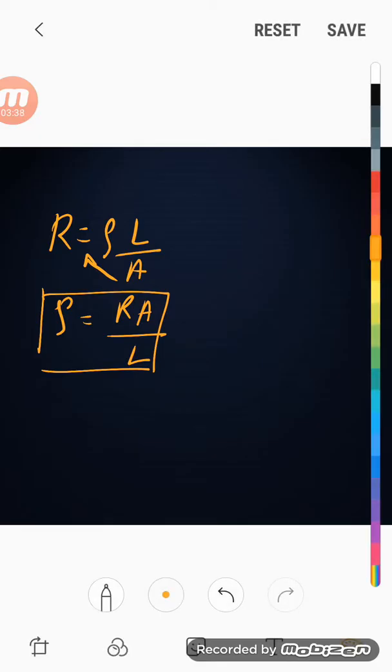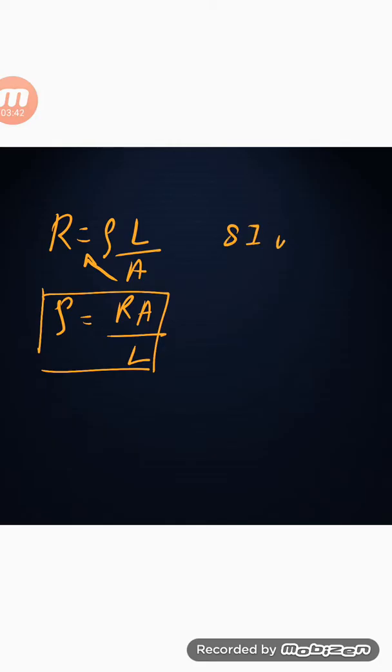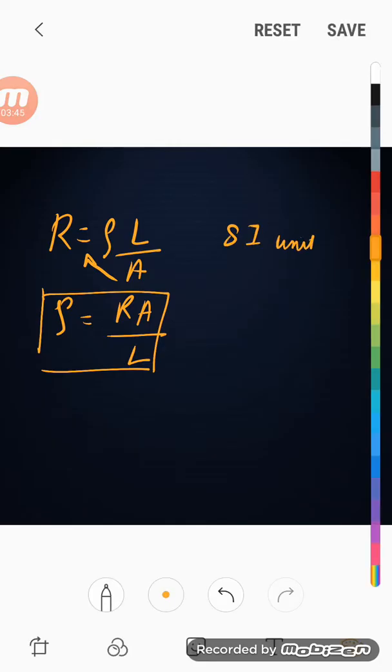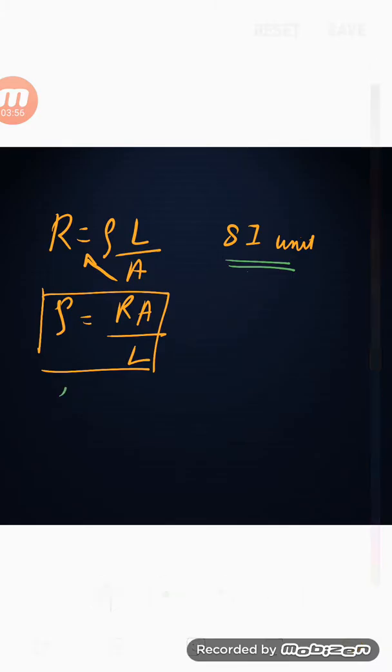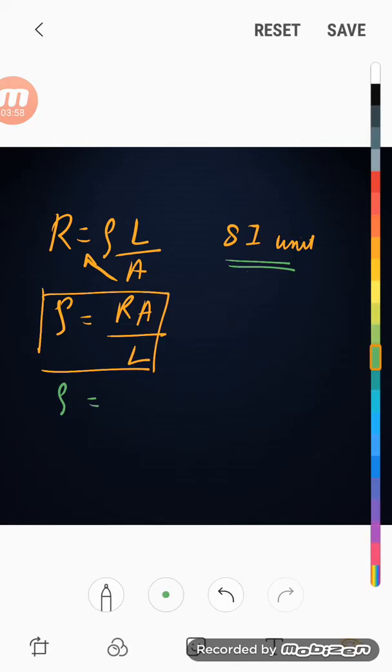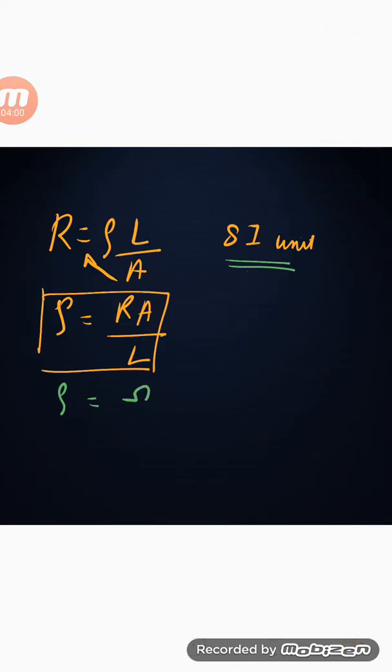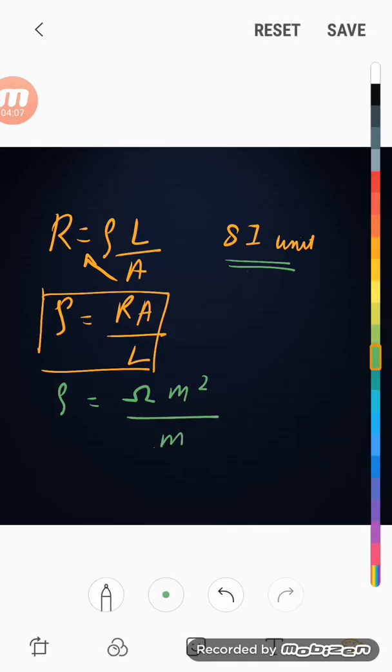Now suppose we have to find the SI unit of resistivity. If resistivity is equal to R A upon L, R is ohm, A is meter squared, length we measure in meters, so meter and meter cancel.